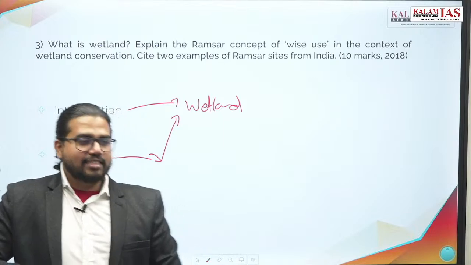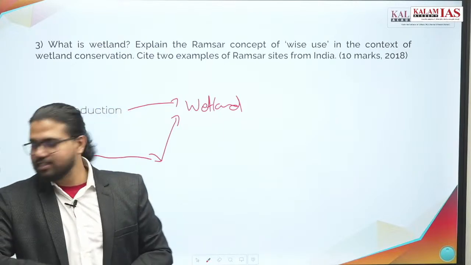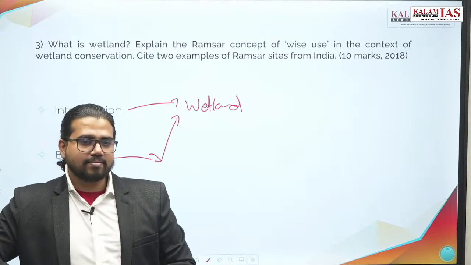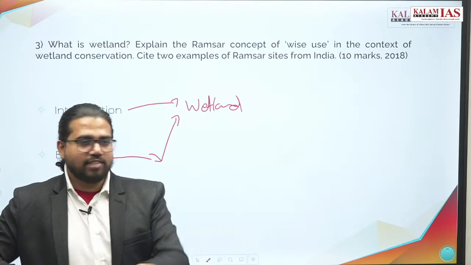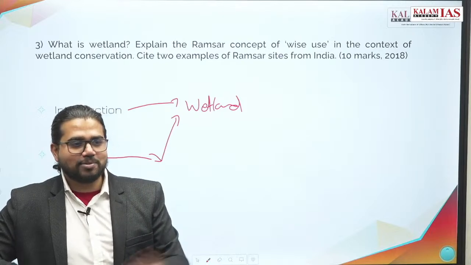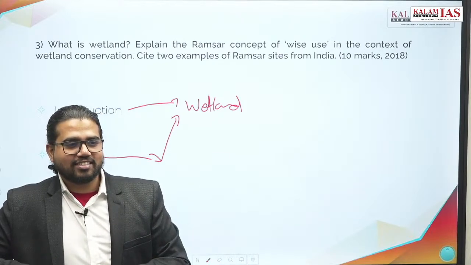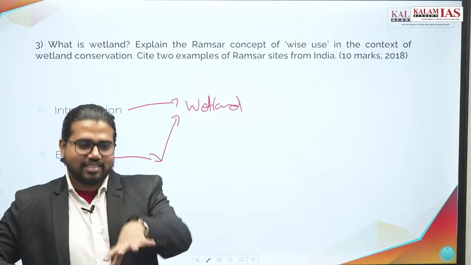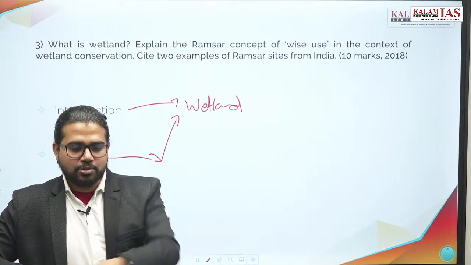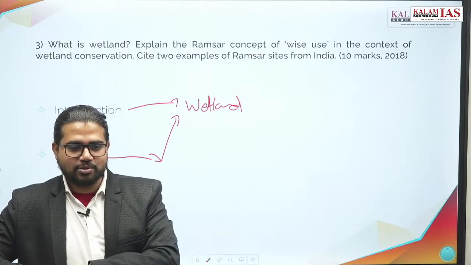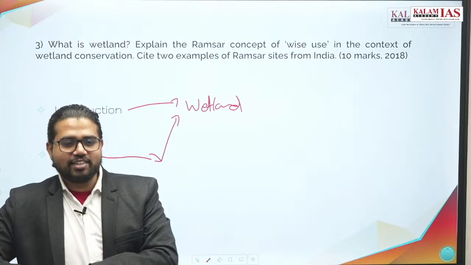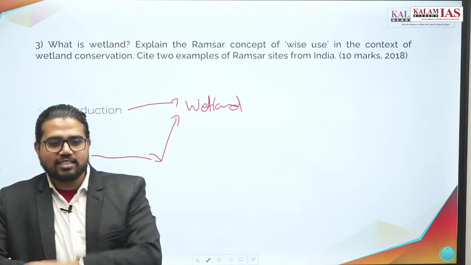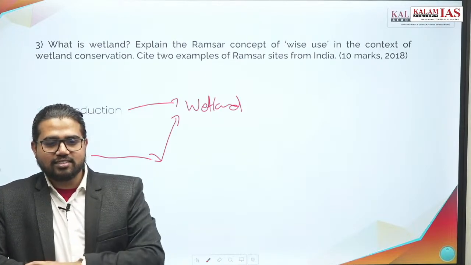What is lake? Tell me what is lake. Prelims is coming. Lake wetland difference you will study. Like static you are saying, but you told flowing or static in wetland also. Then what is difference? What do you call it a wetland? This is wetland and this is lake. What is the difference?